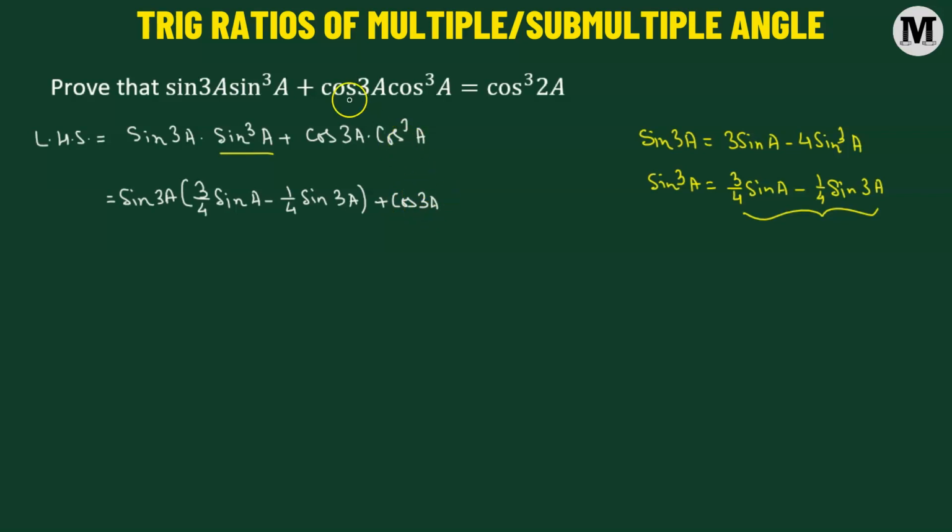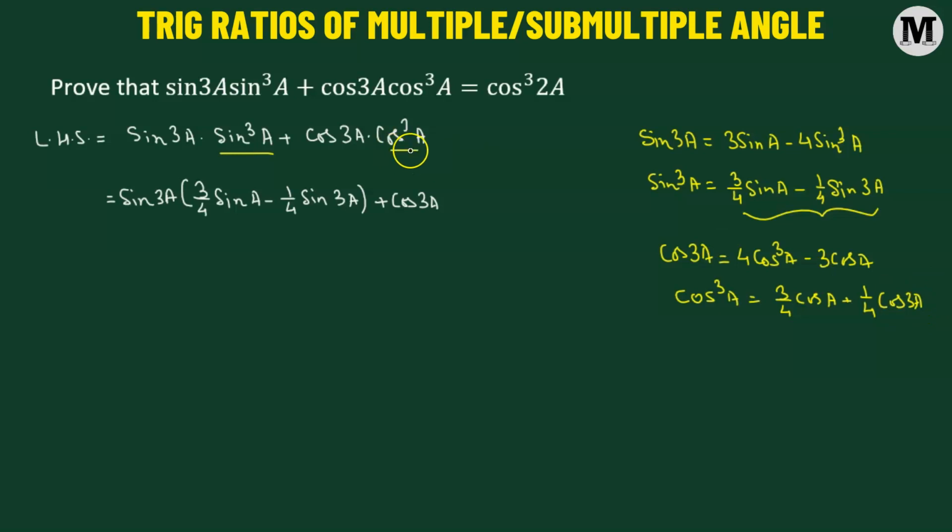Now we'll use another formula, which is the expansion of cosine of 3a. So cosine of 3a is given by 4 times cosine cubed a minus 3 times cosine of angle a. If we isolate cosine cube a from here, cosine cube a becomes equal to 3 over 4 cosine of angle a plus 1 over 4 cosine of angle 3a.